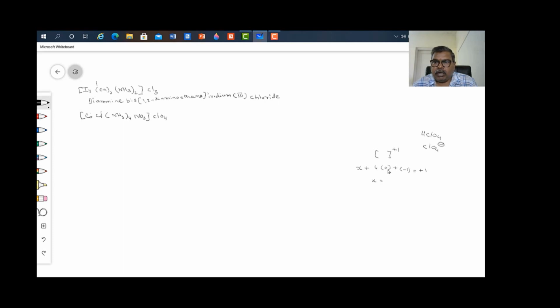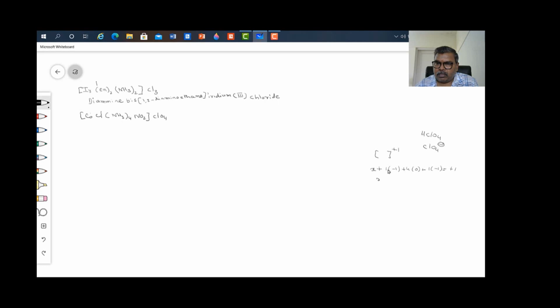I forgot to write the chlorine oxidation state. So therefore cobalt x plus 1 into minus 1 plus 4 into 0 plus 1 into minus 1 is equal to plus 1.